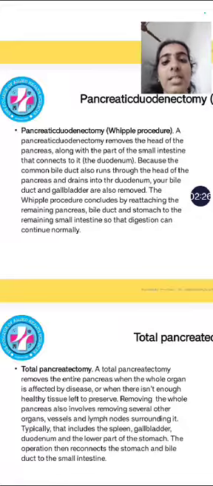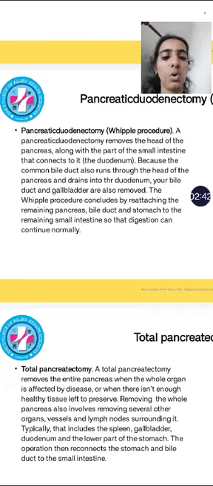The bile duct and gallbladder are also removed. The Whipple procedure concludes by reattaching the remaining pancreas, bile duct and stomach to the remaining small intestine so that digestion can continue normally. So this is the Whipple's procedure.